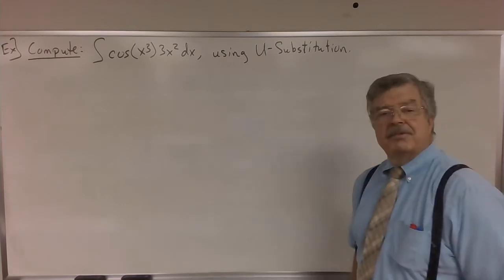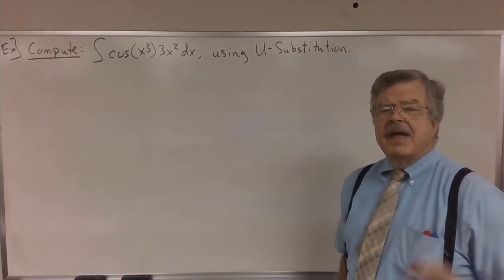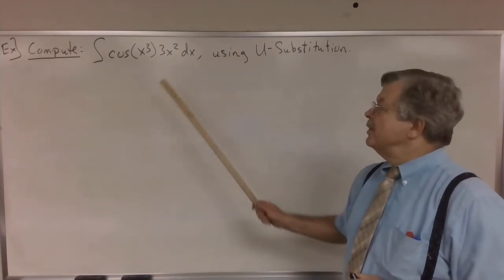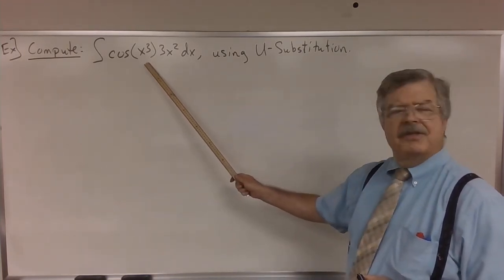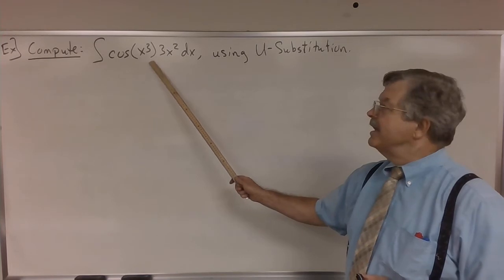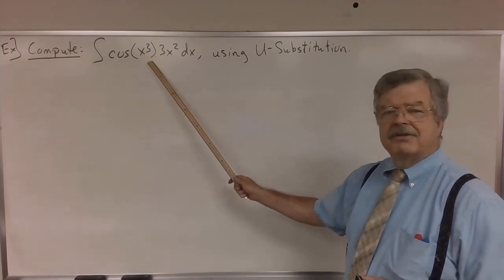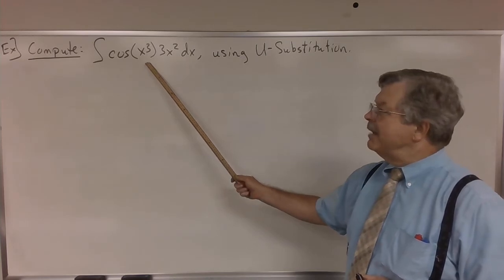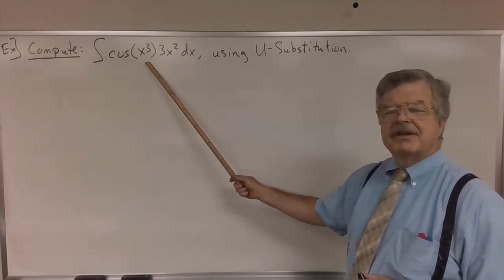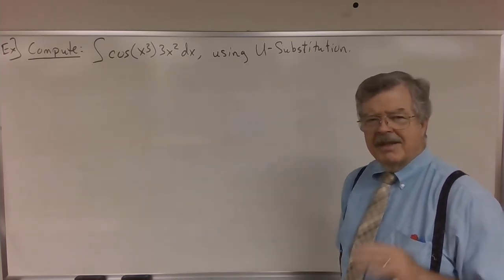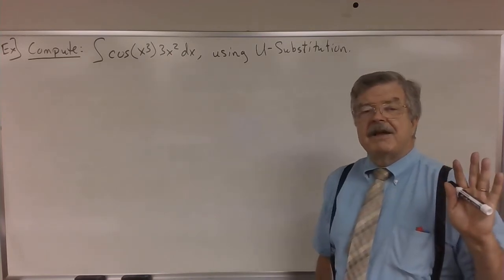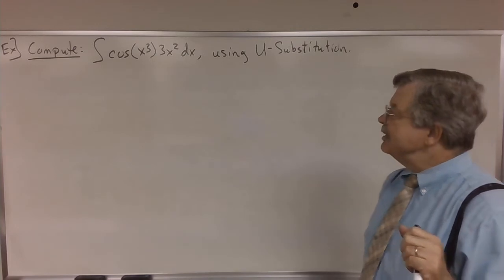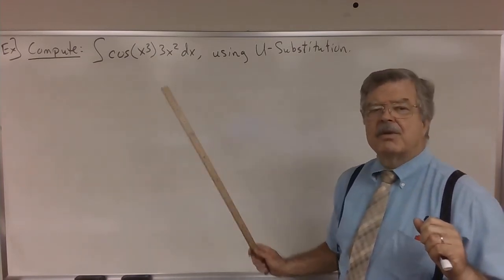Here's a good example to start off with. And let me preface our work by saying we can probably look at this and recognize it as the derivative of a composite function. And so by inspection, we can probably figure out what this antiderivative is. But for the sake of learning a method, for the sake of learning the method of U-substitution, work with me on this.